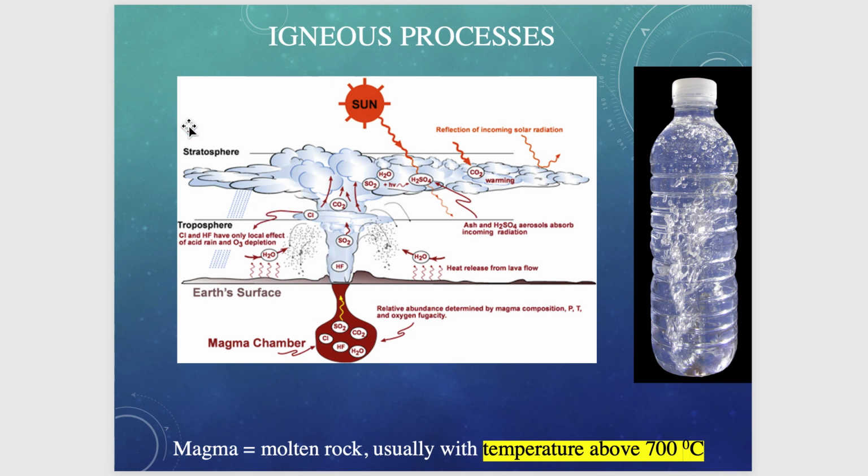We can get up to the stratosphere with some of the stronger eruptions, and this leads to interactions with the sun, so the incoming light will be reflected by these clouds or ejecta, and as a result you get climate changes that can affect the environment and the biosphere of our planet.